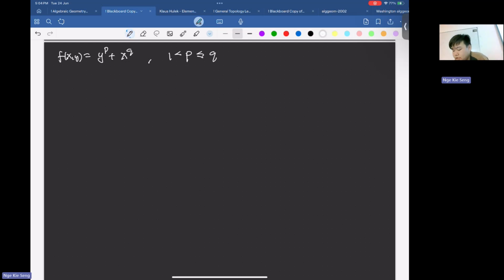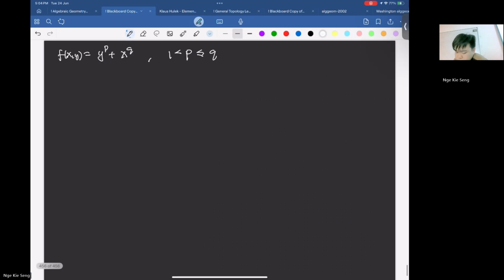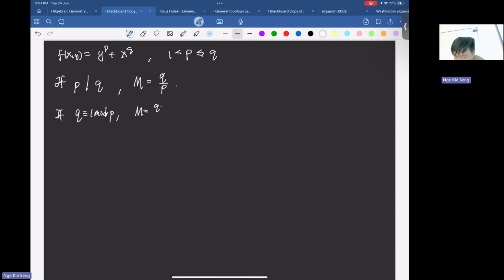Of course, p has to be larger than 1, otherwise your curve is smooth. If p divides q, then the minimal blowup, let's say m, is actually q divided by p only. And if q is 1 mod p, then your minimal blowup is (q minus 1) over p.